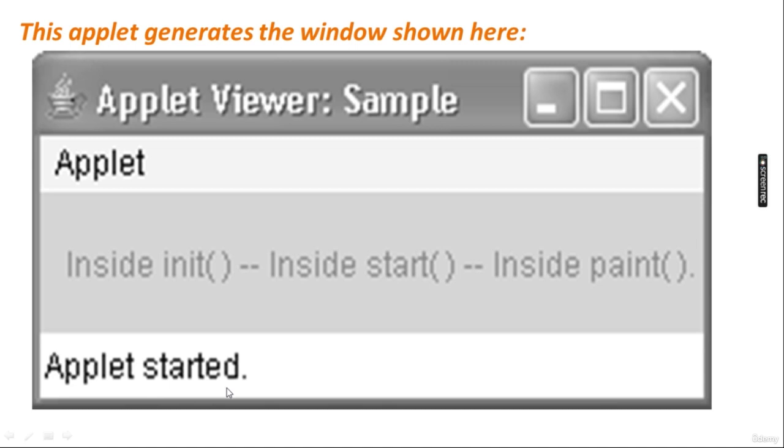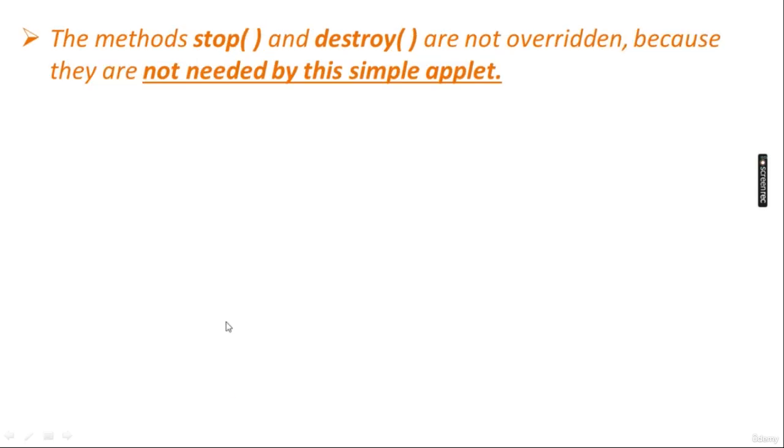The applet started like this. The stop and destroy methods are not overridden because they are not needed by this simple applet. As I told you in the first session of this chapter, only the methods that are required by the applet will be overridden. All are not compulsory.